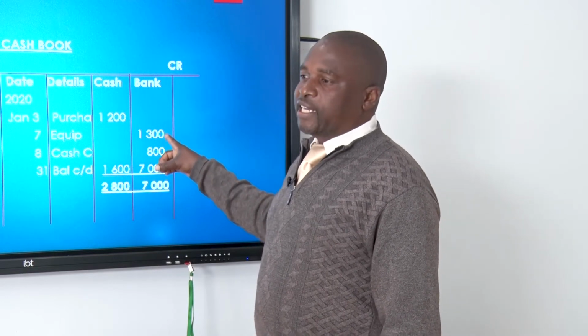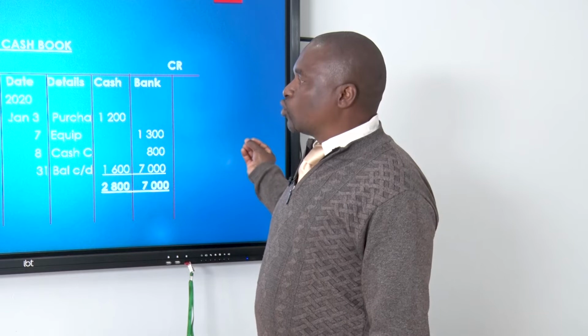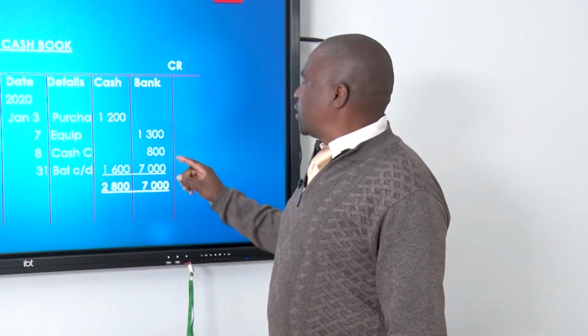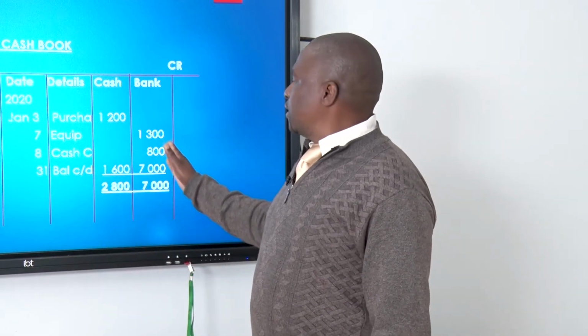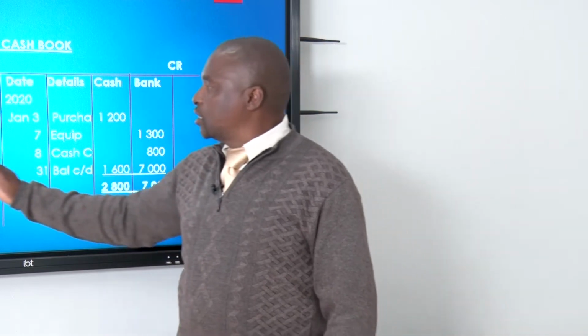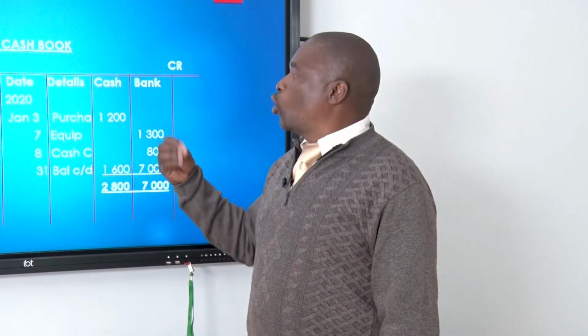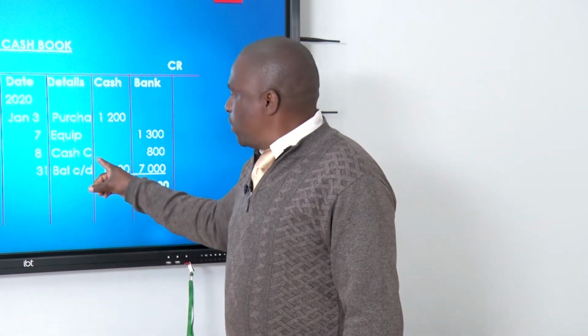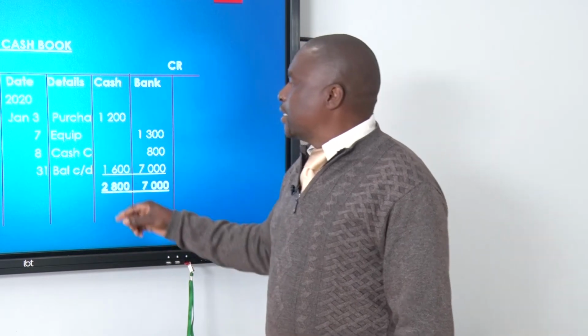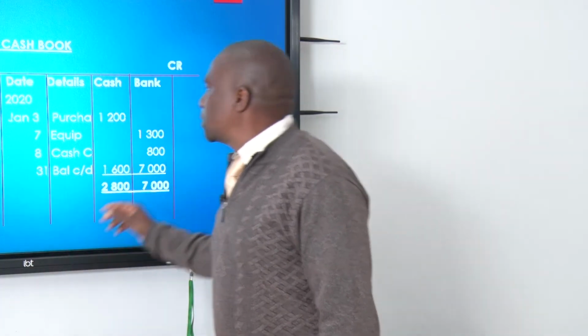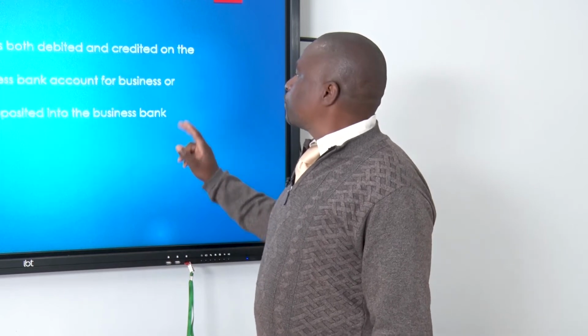As we have said that the credit side, this is the money that is coming out of the bank, but the same amount of money was deposited into the cash till. So you see that this cash on the credit side, it is under the bank column, but on the debit side, it is under the cash column. This is what we call the contra entry, and we have to make a distinction by writing this C in capital letters.